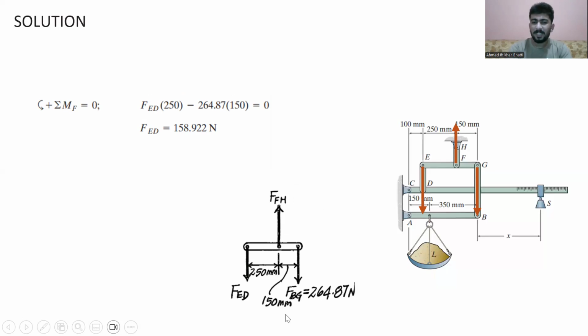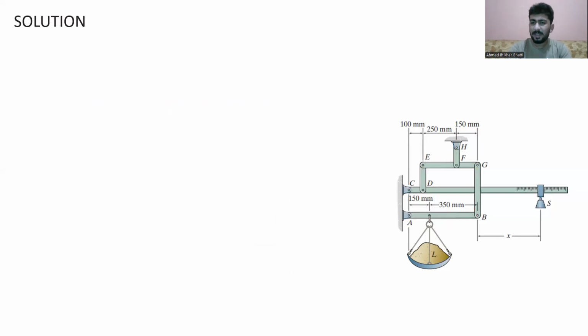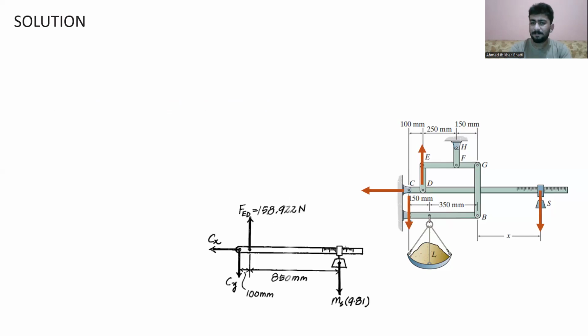And we have the force in member PG, which is about 264.87 newtons, and we have a perpendicular distance of 150 millimeters. And it is negative because it is moving in clockwise direction. So now we got the force in the member ED, which is 158.922 newtons.